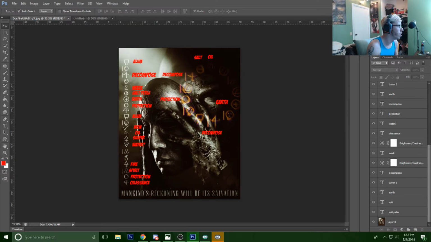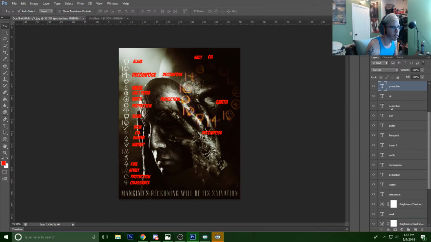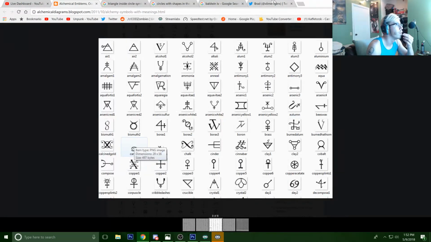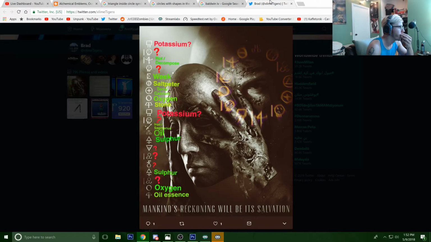Decompose, weak, salt, pepper, earth. Well, this is not going to be protection. Did Lime have his as? His protection was oxygen.